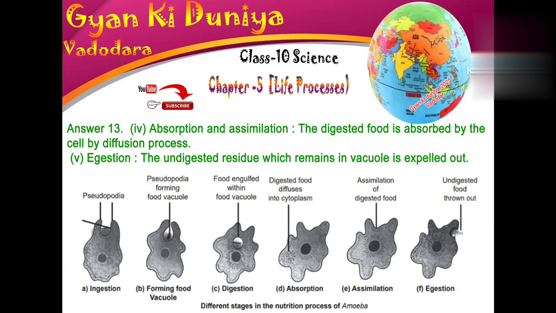Absorption and assimilation. The digested food is absorbed by the cell by diffusion process. 5. Egestion. The undigested residue which remains in vacuole is expelled out. Please show in the chart.